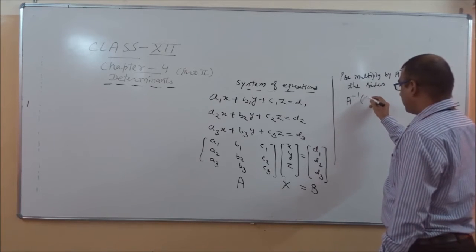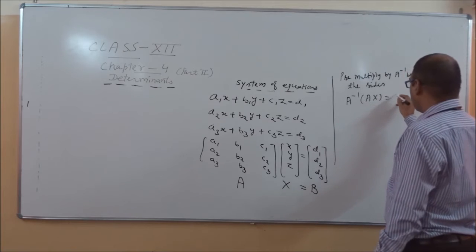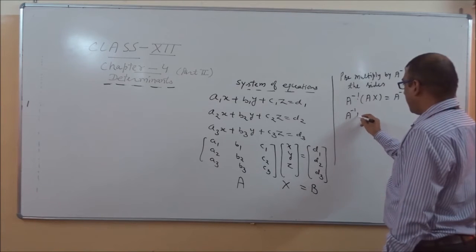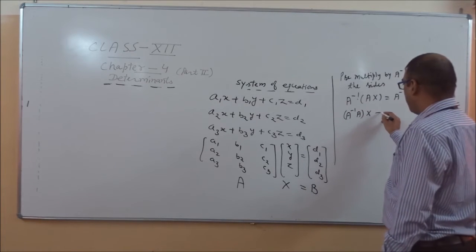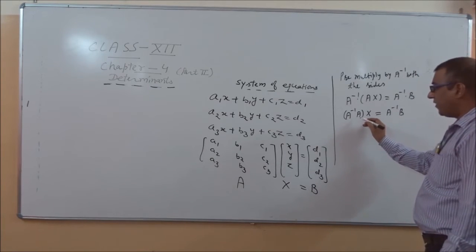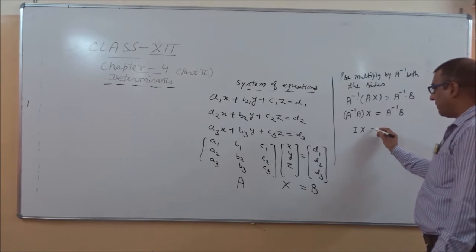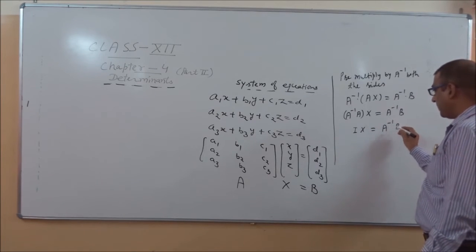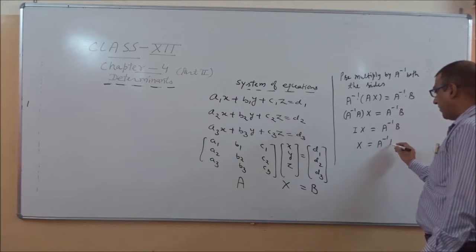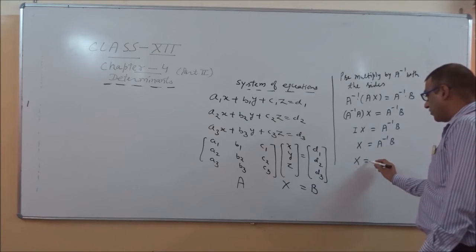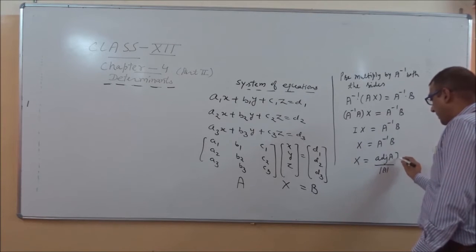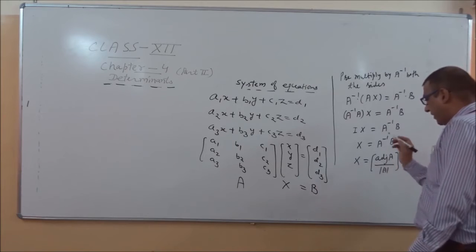It can be written as A inverse AX equals A inverse into B. Now we will rearrange it: A inverse into A we will write together, multiplied by X, equals A inverse B. As you know very well, A inverse A means I. I multiplied by X equals A inverse B. I into X means only X, and this equals A inverse into B. So we can say X equals adjoint A upon determinant A multiplied by B.